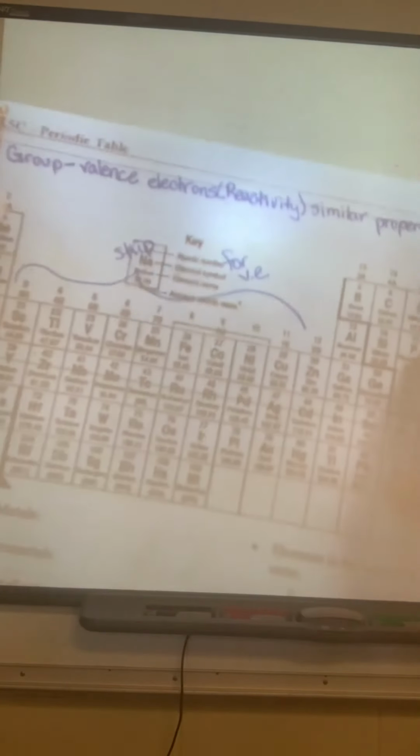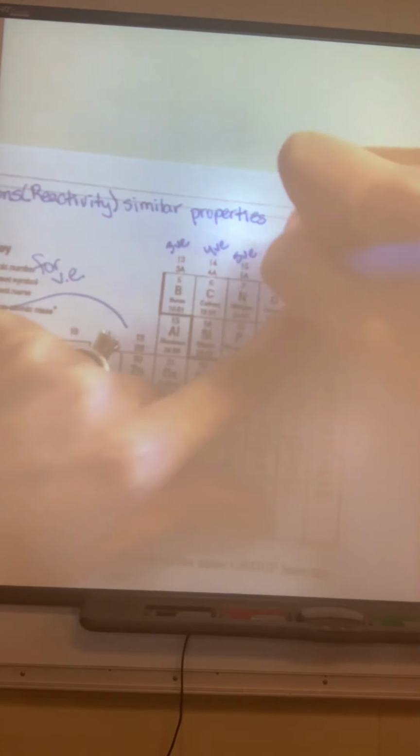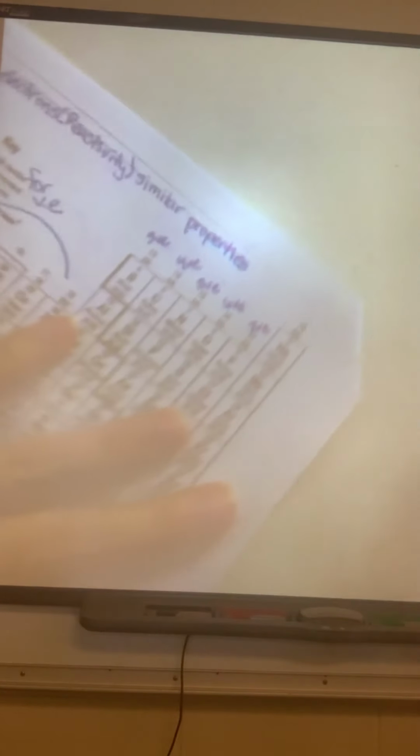Group 2 has 2 valence electrons. 13 has 3 valence electrons. 14 has 4, 15 has 5, 16 has 6, 17 has 7. What do we know about 17? It's also very reactive, the most reactive on this side.